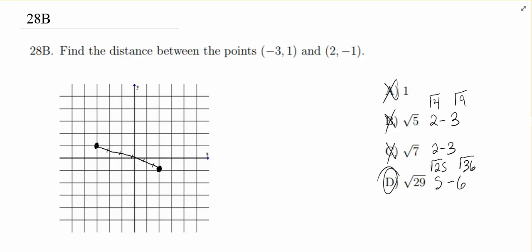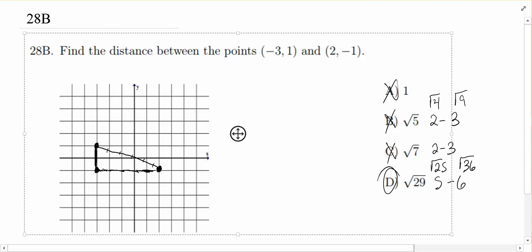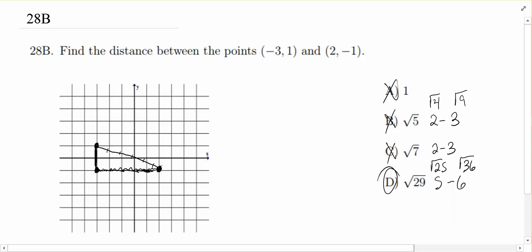Now, going back to this actual problem, if we want to continue through with this one and actually do the Pythagorean theorem, we're going to introduce a third point into the mix over here, which we get by just drawing a line straight down and drawing a line straight over. So this allows us to form a right triangle where we could actually find this distance.